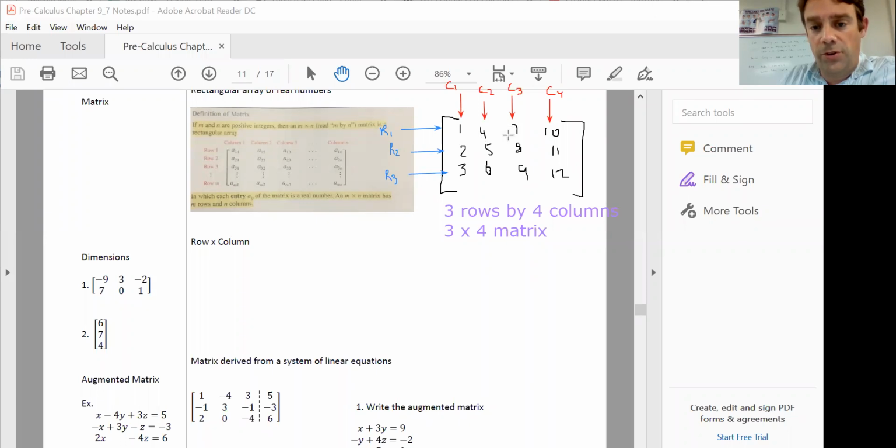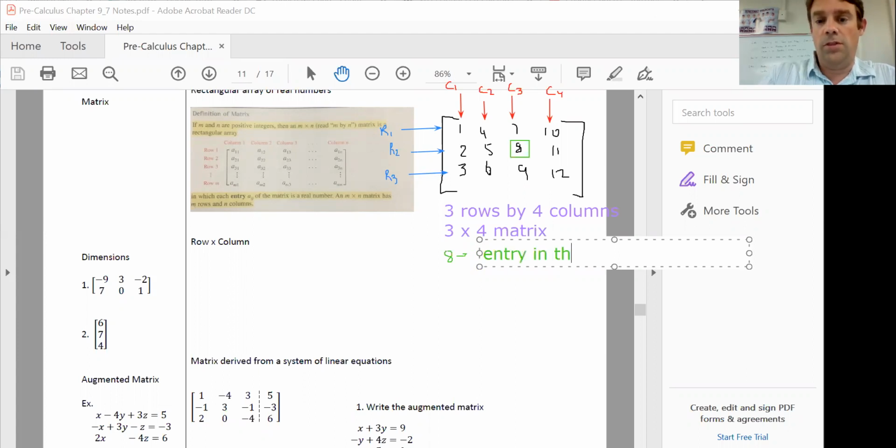Let's take a look at this entry right here. 8 is the entry in the second row by the third column.